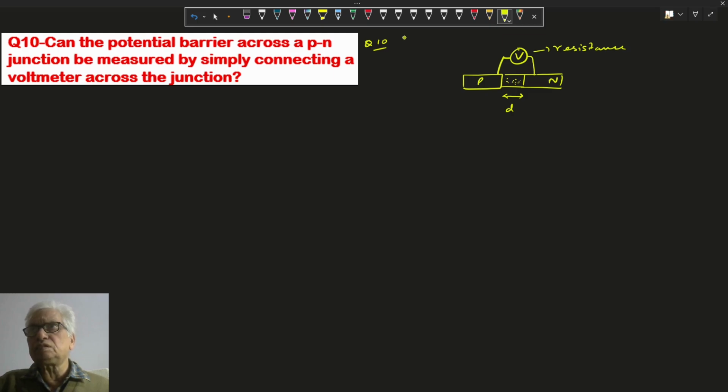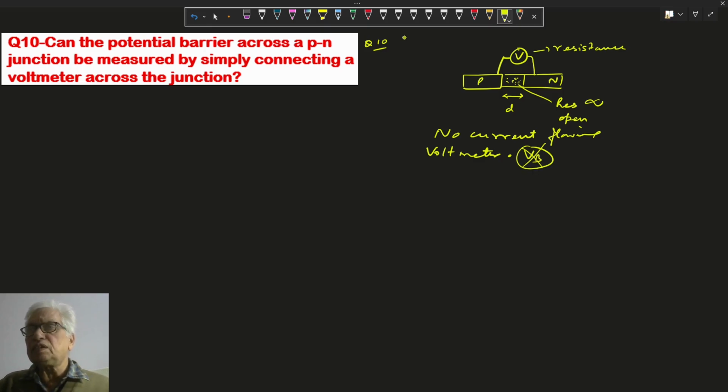But here the barrier resistance is very large, of the order of infinite. That is an open circuit, so no current flows through the voltmeter. If there is no current flowing through the voltmeter, it cannot measure the barrier voltage. It is not possible by the voltmeter.